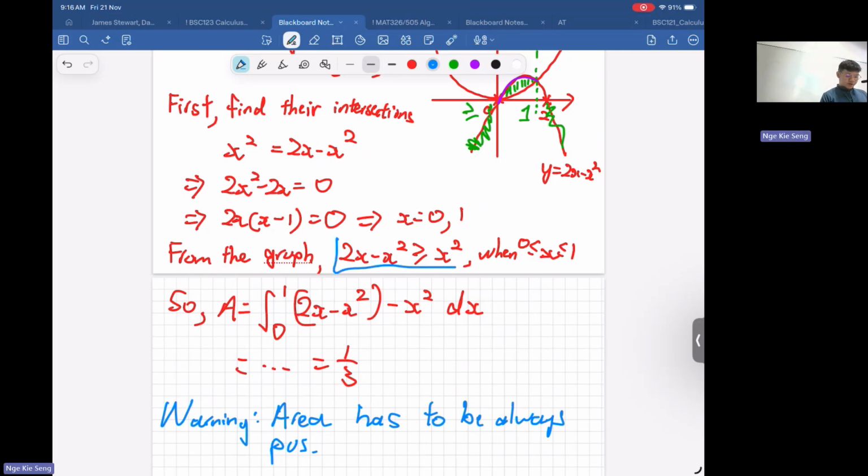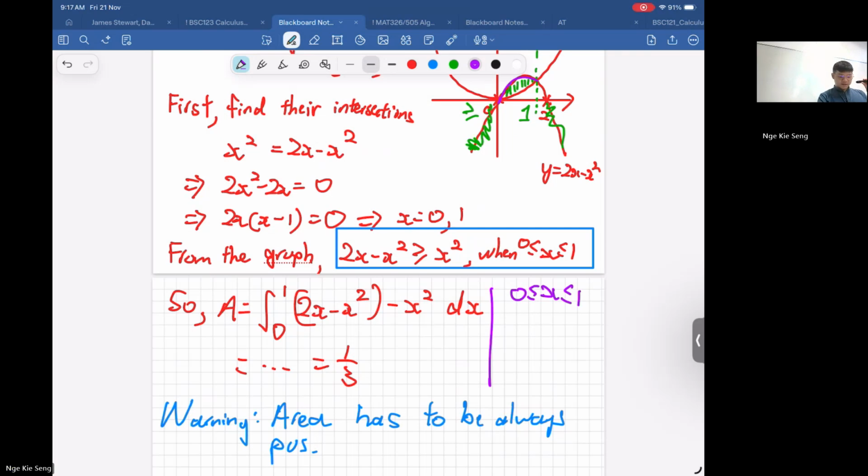Actually, you can show this inequality by algebra, or analytically. Because we know that x is in between 0 and 1, this implies that x squared is less than or equal to x. Correct or not? Is 0.5 squared less than or equal to 0.5?